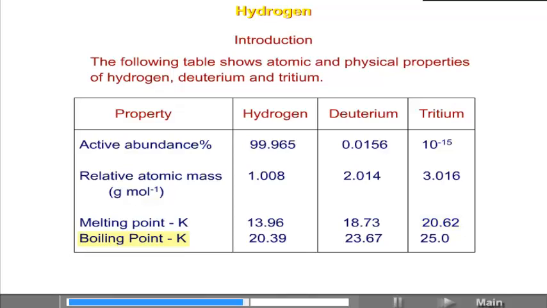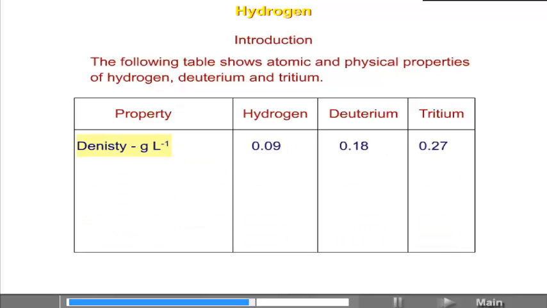Boiling point in Kelvin is 20.39, 23.67 of deuterium and 25.0 of tritium. Density in grams per liter: 0.09, 0.18 and 0.27.